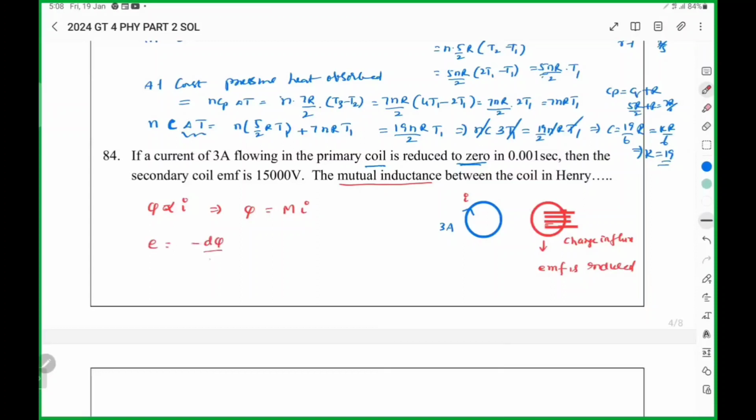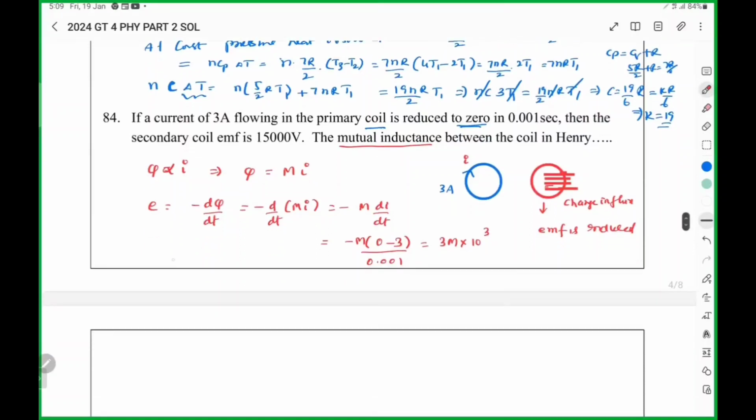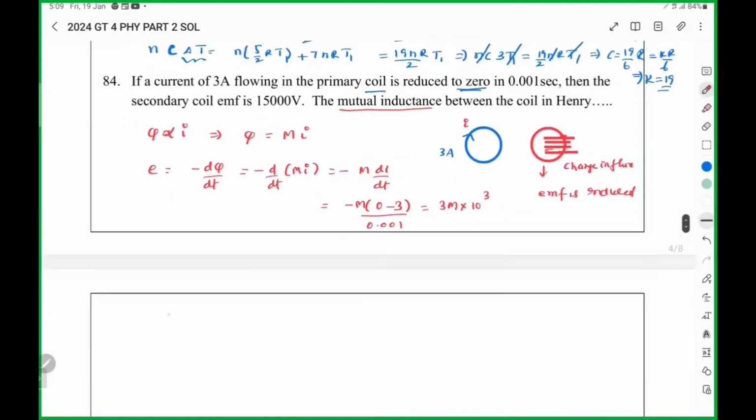So induced EMF is d by dt of MI, which is M di by dt. The final current is 0, the initial current is 3 amperes, in an interval of time 0.01 seconds, that is 10 to the power minus 2. So the EMF induced is 15,000 volts. So here mutual inductance is 5 henries.